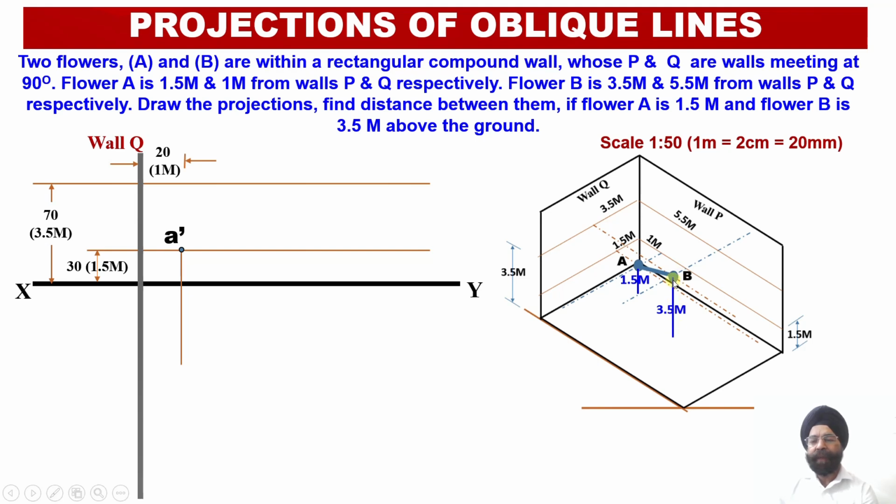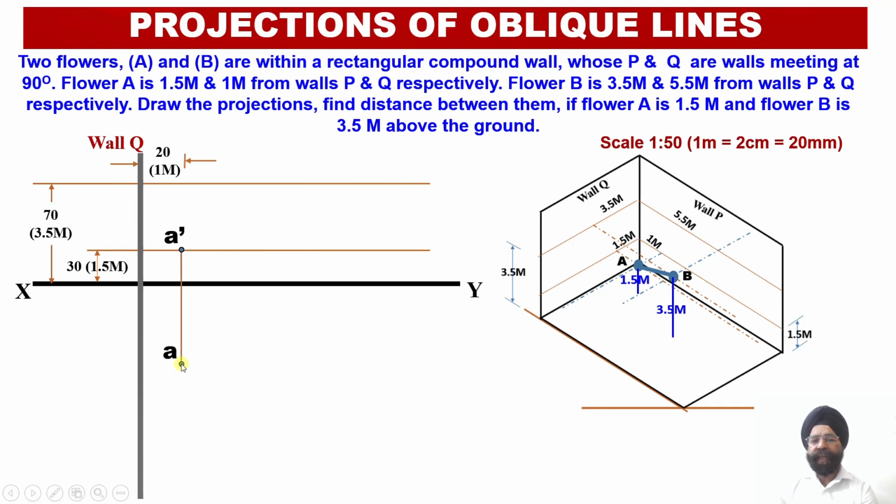So 3.5 meters means 70 millimeter above the ground. Again, we have marked the locus line corresponding to the point B. Onto this locus line, the front view projection of the point B, or the flower B, will be obtained over here.